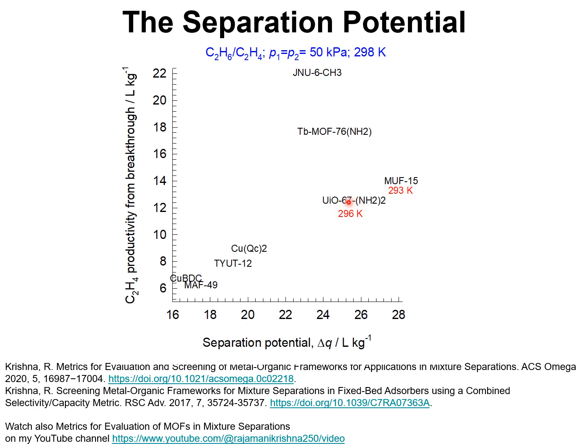So this is a slight overestimation of the productivity. So these 2 points understandably deviate from the overall trend that the experimental productivity should be roughly linearly related to the separation potential. This implies that the separation potential is an appropriate metric for screening MOFs for C2H6, C2H4 separations.